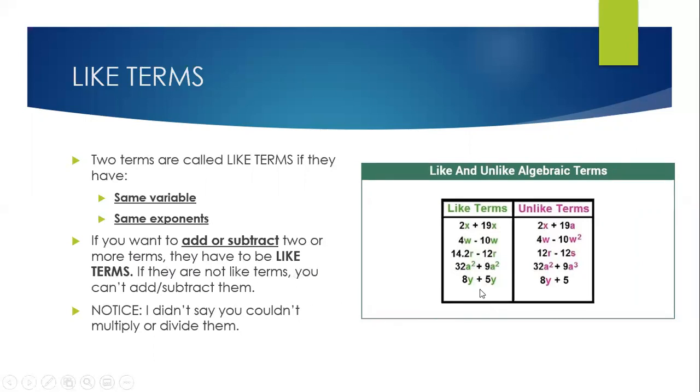So a squared and a cubed can be multiplied together, but not added together or subtracted. So I can multiply it, I can divide it, I can't add it, I can't subtract it. If they're not like terms, you cannot add or subtract them, but you can multiply or divide them. So we'll get to that later.